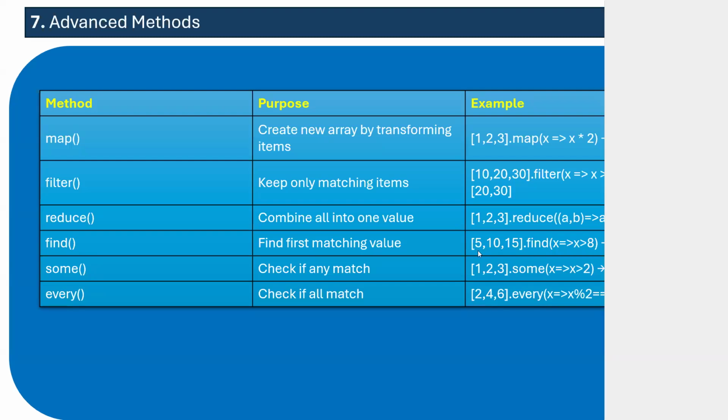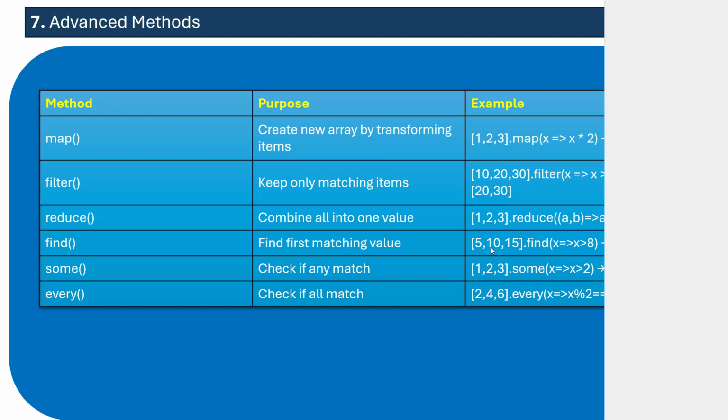Let's see, guys, on the right side. 5, 10, 15 is your array, correct? Now you're finding x, which is nothing but each element. Again, don't overthink. Now we have three elements, right? Now we have the condition x greater than 8. Whenever you pass 5, is it satisfying the condition, true or false?